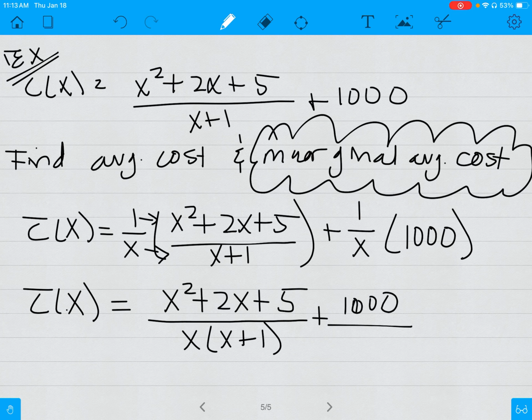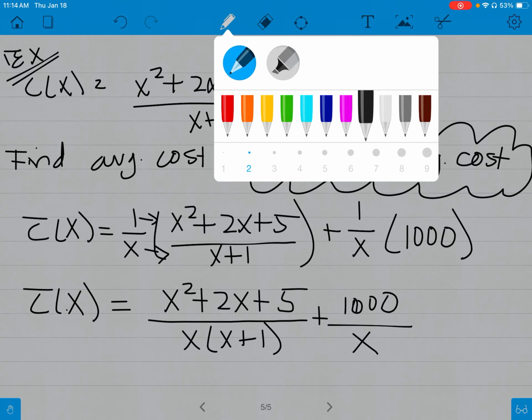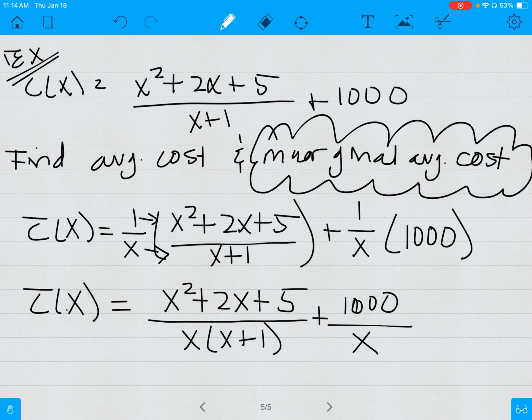1,000 over x. Now, if I want to be able to add these two together and make a single function that is one fraction, I need a common denominator, right? I can't add these together the way that they're written. So to get a common denominator, looking at the denominator here, it's x times x plus 1. So what this denominator is missing, the 1,000 over x, it's missing an x plus 1.